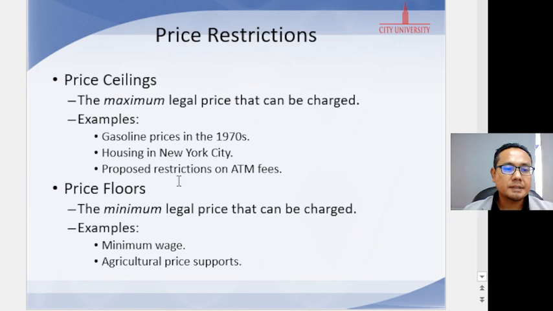A price ceiling is the maximum legal price that can be charged, for example gas prices, housing prices, or proposed restrictions on ATM fees. And a price floor is the minimum legal price that can be charged, for example minimum wage or agricultural price support.